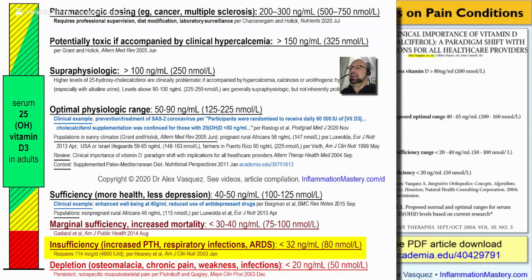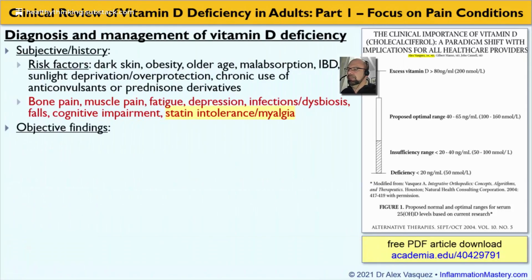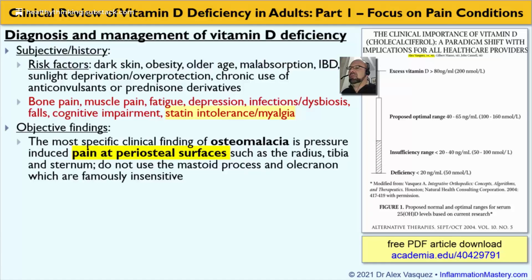I'll talk about all of that again here today and in some of the videos in the upcoming remainder of the series. And after today's introduction, focusing on pain, I'll also talk about depression and reduced immunity or increased vulnerability to infections. The most consistent objective finding of adult vitamin D deficiency is osteomalacia, which you can assess clinically by looking for pain at periosteal surfaces, and I'll discuss this more later.